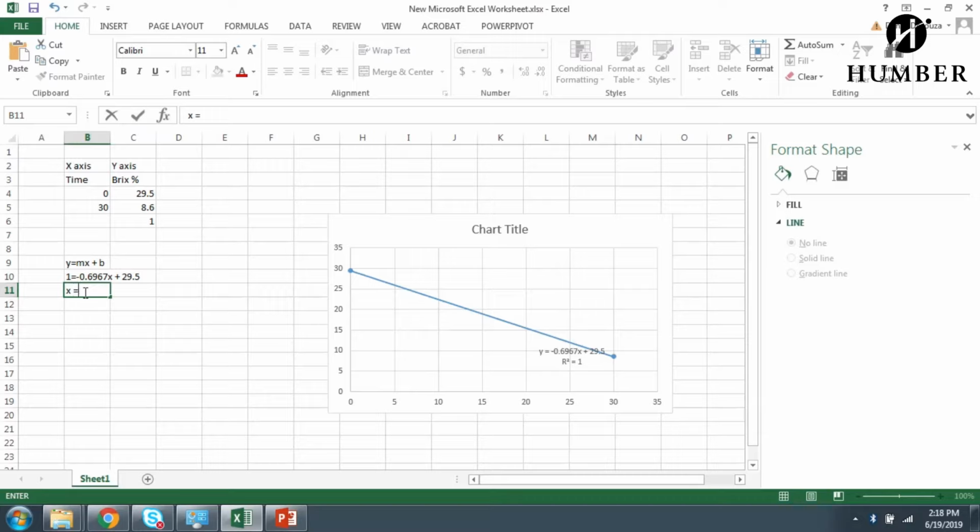The x value works out to be equal to 40.907 minutes. So in this way we have solved this equation, and in that process we have determined the time taken for equilibration to happen.